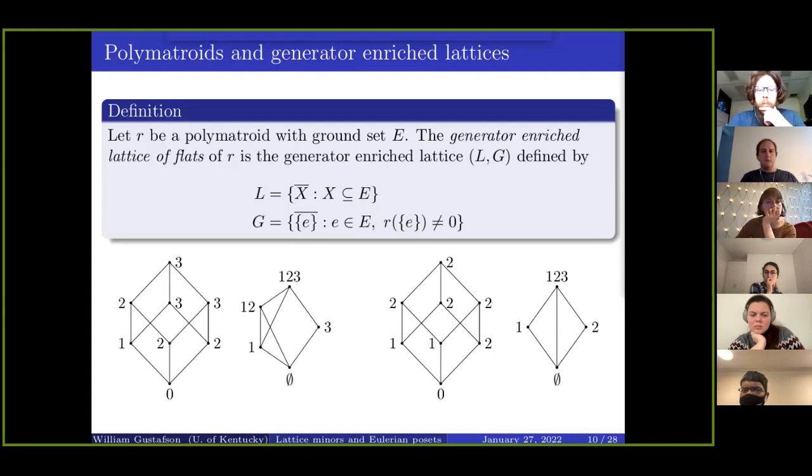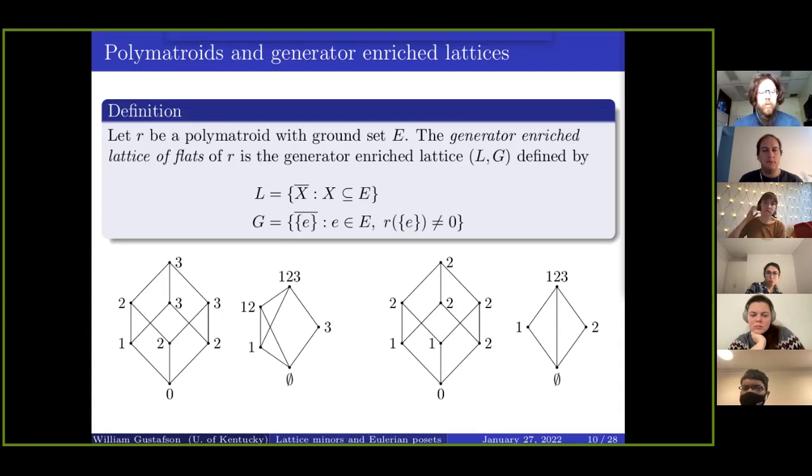So where was I? So we have a lattice of flats for any polymatroid, the closed sets ordered under inclusion, and we can form a generator enriched lattice of flats where the generating set is a closure of all the singletons which aren't loops. So I have 2 examples of that at the bottom here. On the far left is a polymatroid.